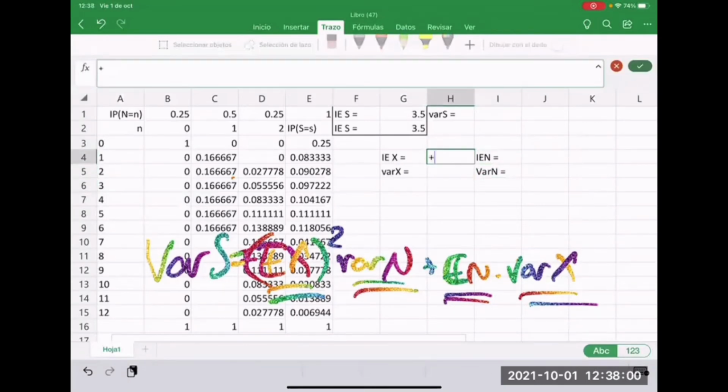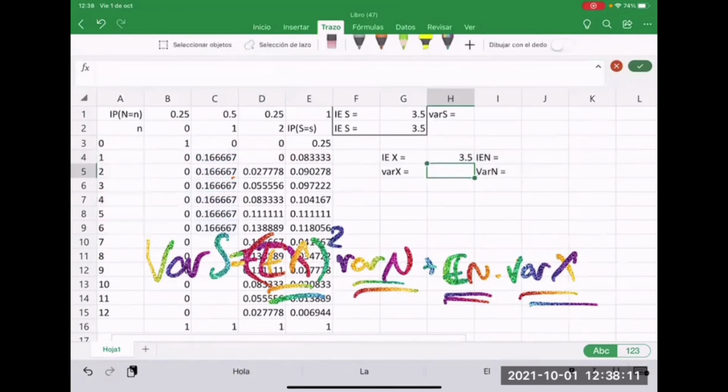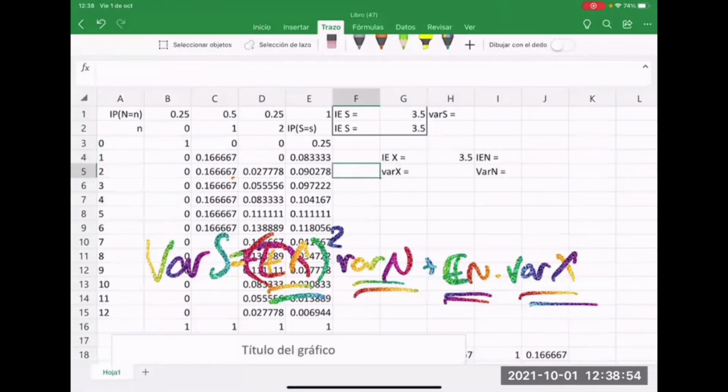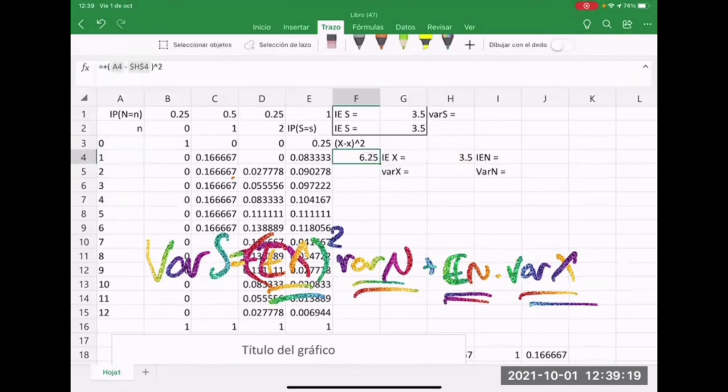And then in here, I need to put the sum product of the expectation of x equals the sum product of these values here with these other values here. That's the expectation of x. Now the variance of x, to take the variance, what we'll do is to take x minus the expectation of x, squared. So we need to take 1 minus the expectation of x, but this one needs to go fixed and then square, right?